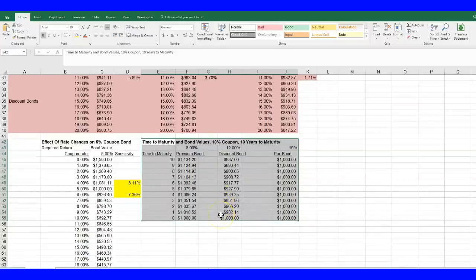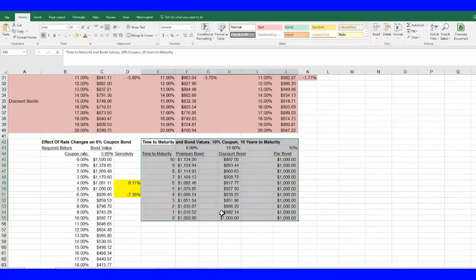And when the bond has a maturity of only 1 year, so 1 year before the bond matures, it has a value of $982, even though the coupon rate is still 10%. Excuse me, even though the required rate of return is still 12%.